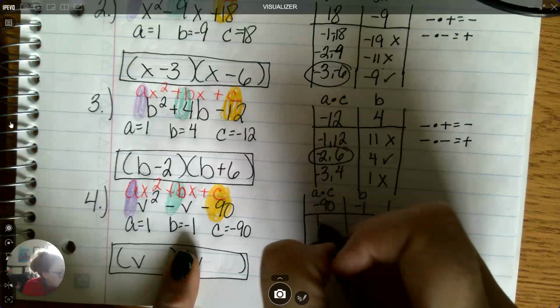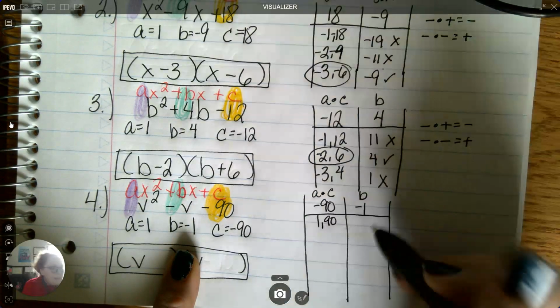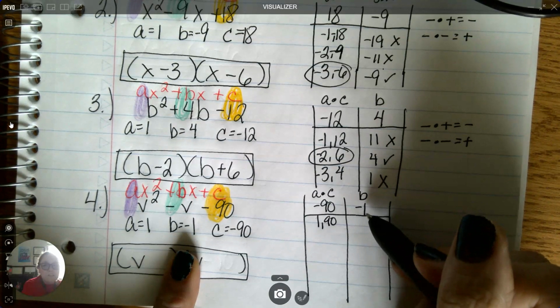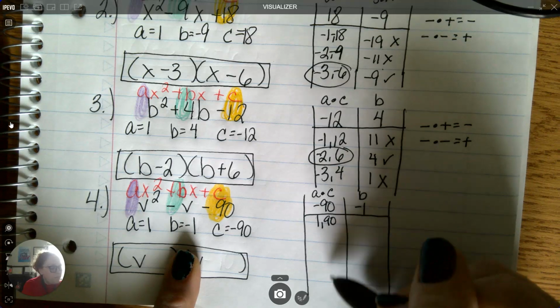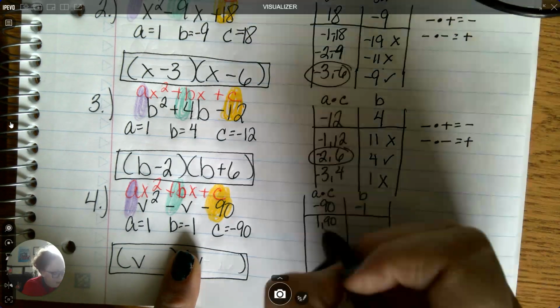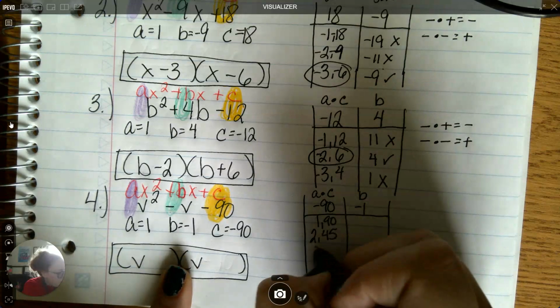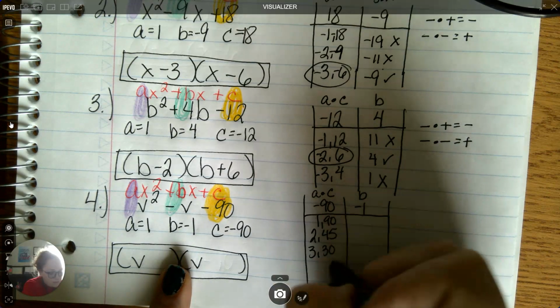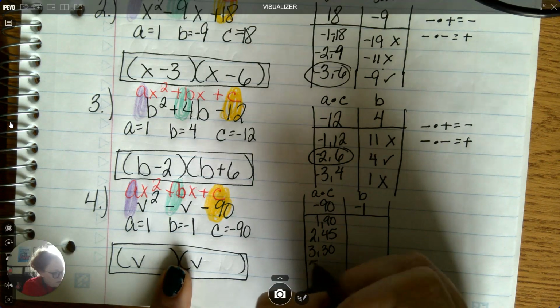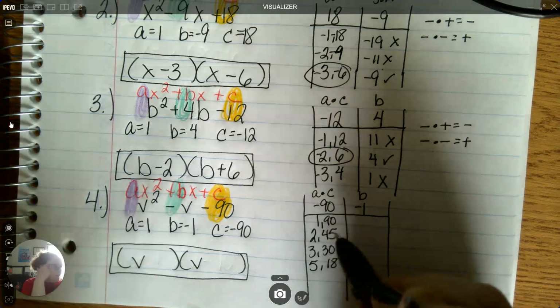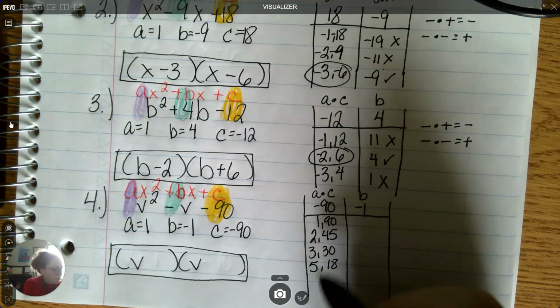So my factors of 90: 1 and 90, and I see I need a difference of 1. So eventually you'll get confident enough that you won't be listing all of your factors. 2 and 45, 3 and 30. See, I know these are not going to get me anywhere close. 5 and 18, and I'm just dividing 90 by 5, 90 by 6.